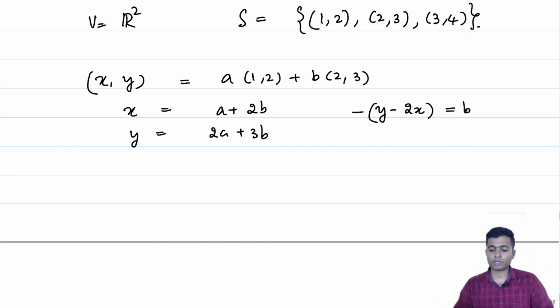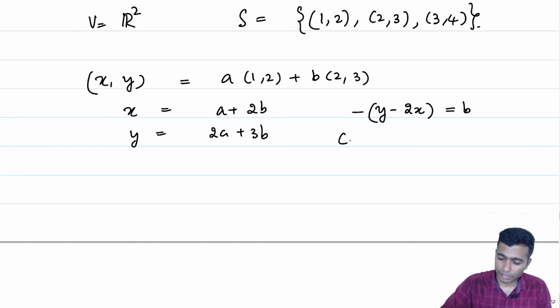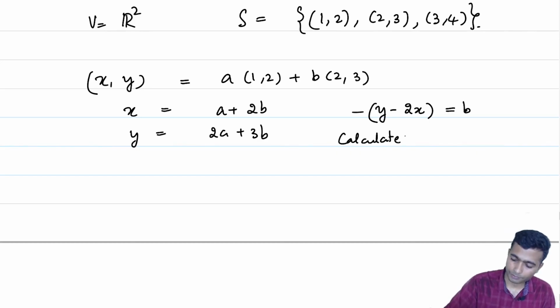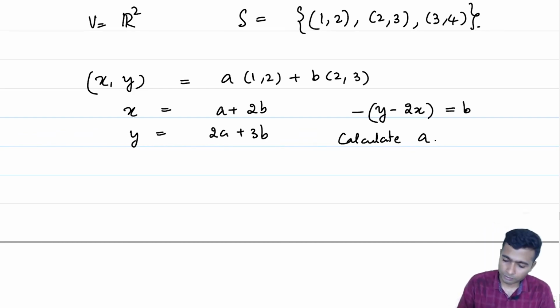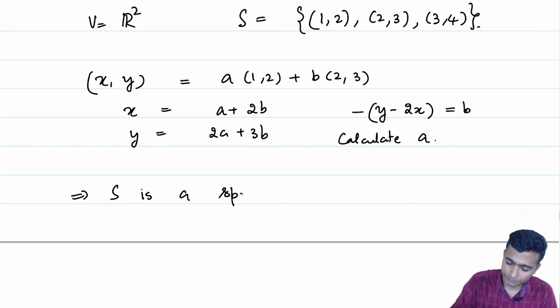And similarly, we can get hold of a, I'll leave it to you. And we have just shown that given any (x, y), we will be able to write (x, y) as a linear combination of (1,2) and (2,3). In particular, if you look at S, which has (1,2), (2,3) and (3,4), you can write any element as an element in the span of S. So, this implies that S is a spanning set.